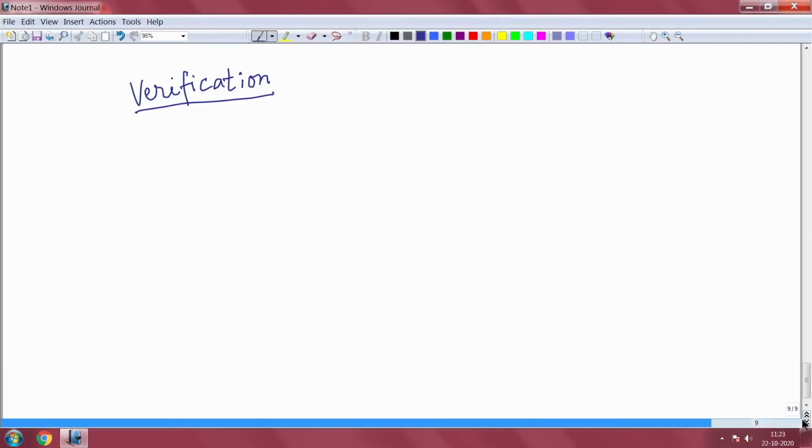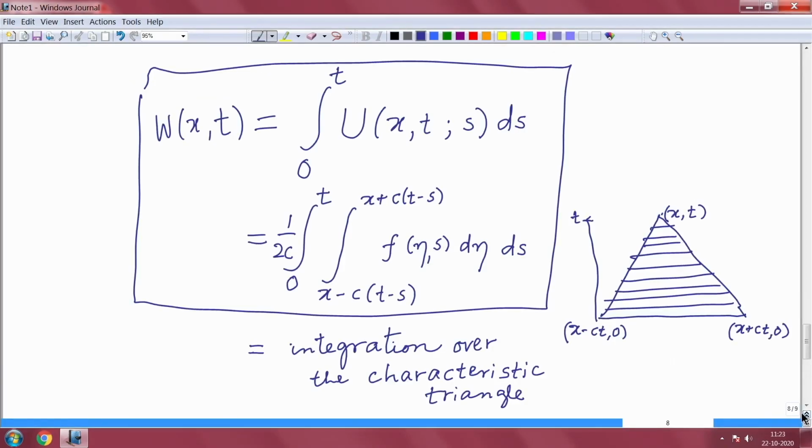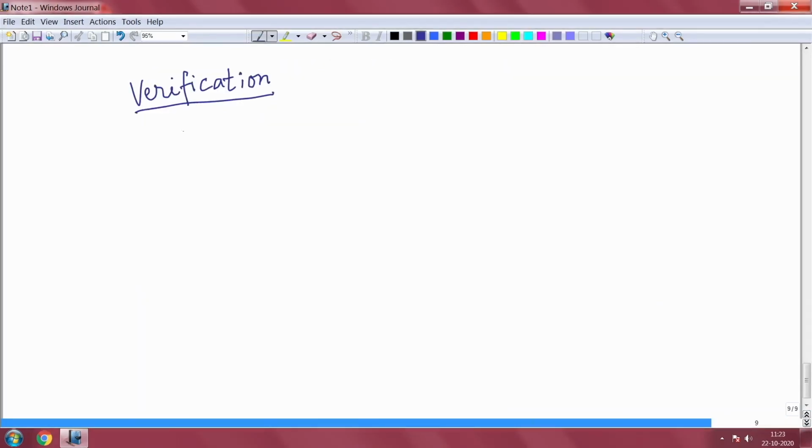So, this formula. So, if I put t equal to 0, so this integral vanishes. So, certainly that is 0. So, clearly W x 0 is 0. So, this is one of the initial conditions. So, we want W t x 0 is also 0.